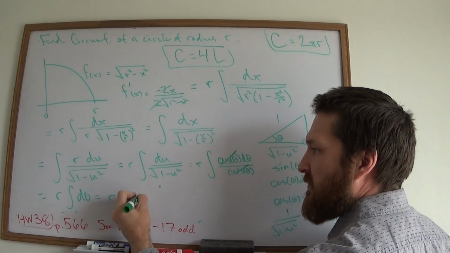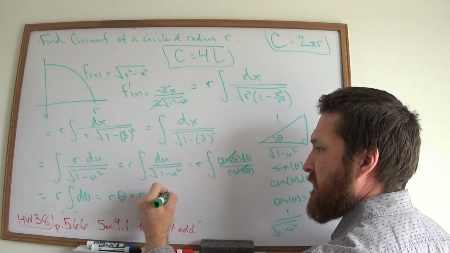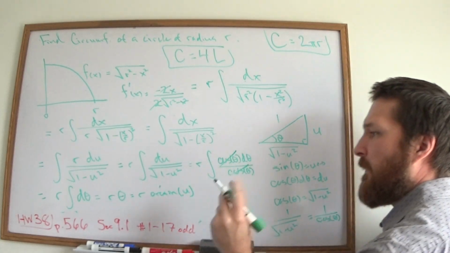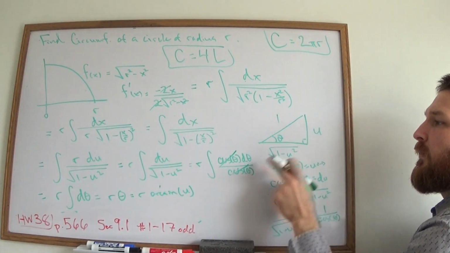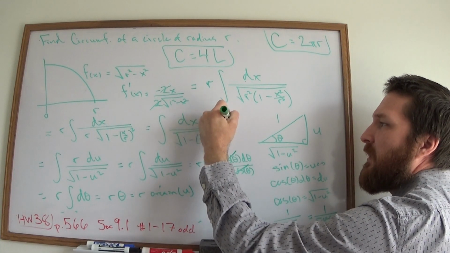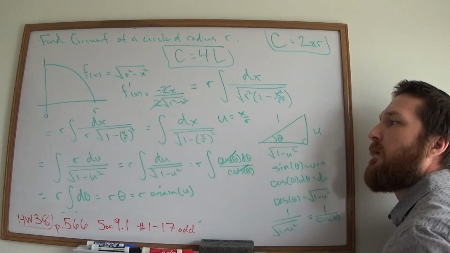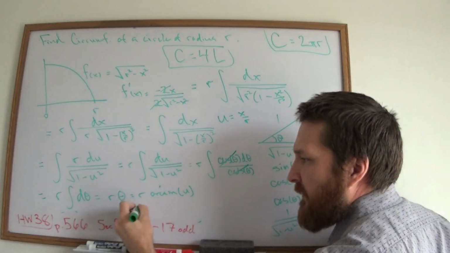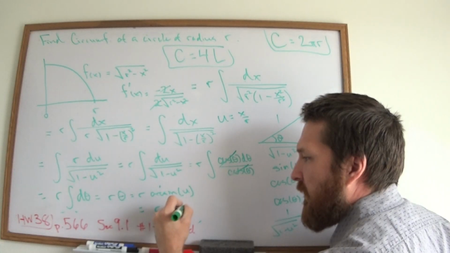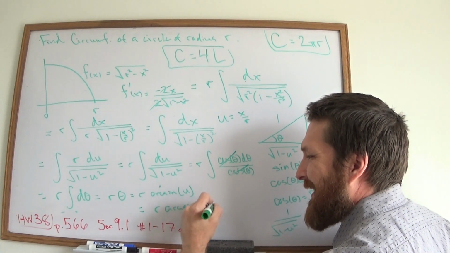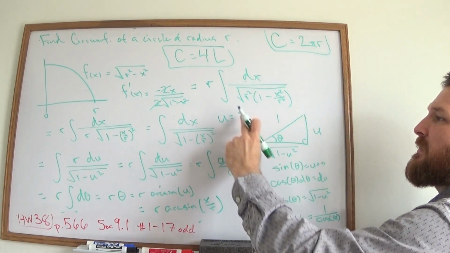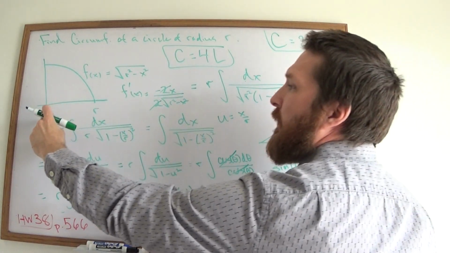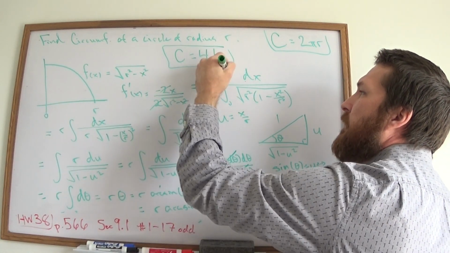So that's r arc sine u. U was x over r. So this is r arc sine x over r. Now that we're back in x, I'm going to bring my stuff back. We integrated from 0 up to r.